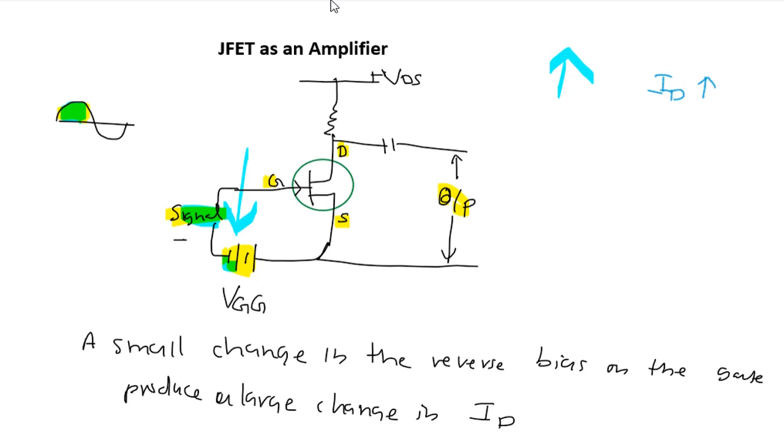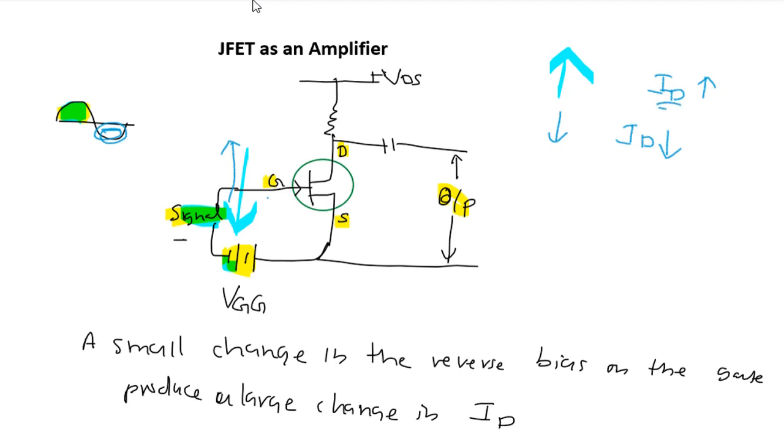Now during negative half cycle, that means during this portion, what happens? The reverse bias will increase. Hence, the channel width will decrease and drain current ID will decrease. So what is the result? A small change in the voltage of the gate produces a large change in the drain current ID.